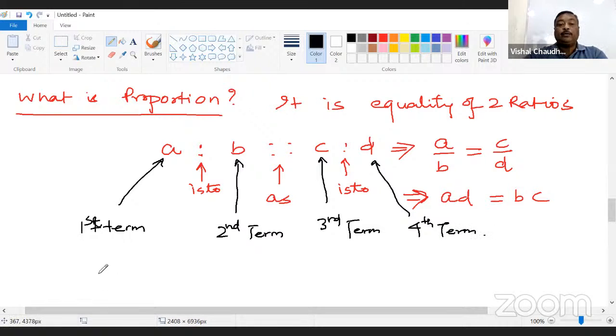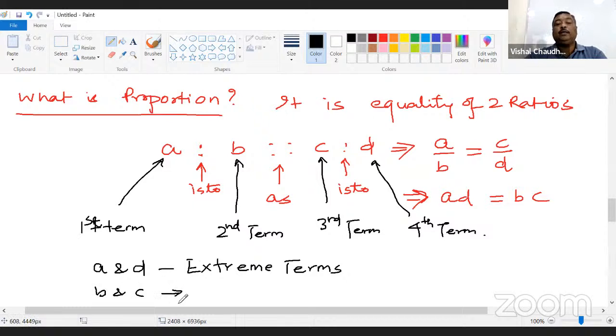Okay. Now, A and D combined are known as extreme terms. B and C combined are known as mean terms. So what we get over here?